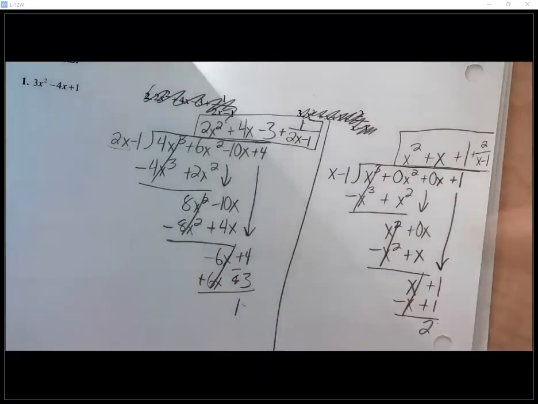Any questions about long division? Okay, all right. On Monday, I'll do a very quick recap. We'll practice just a couple of problems of long division, and then we'll move right on to synthetic division, and I will show you how to do synthetic division to get the same or similar results.